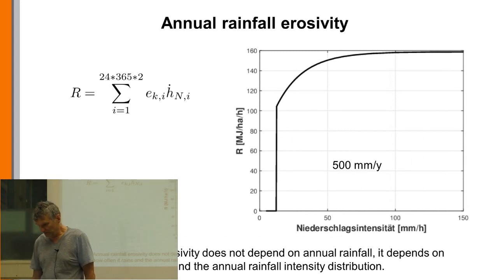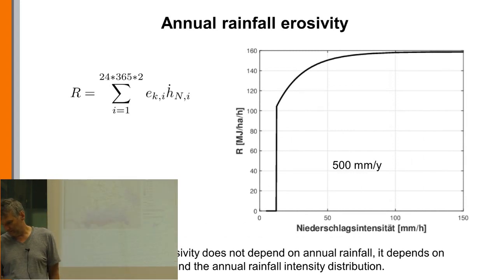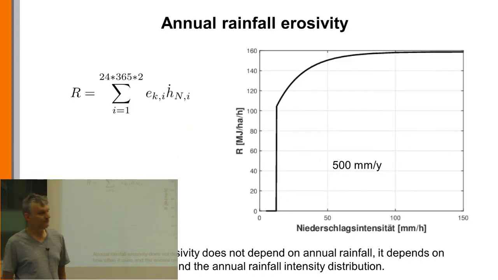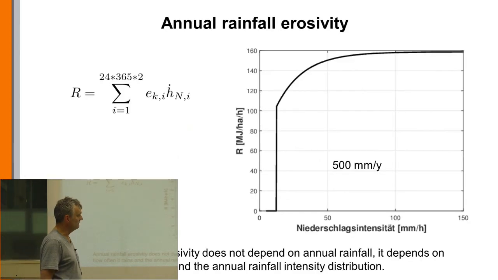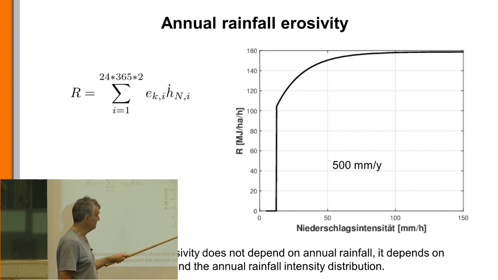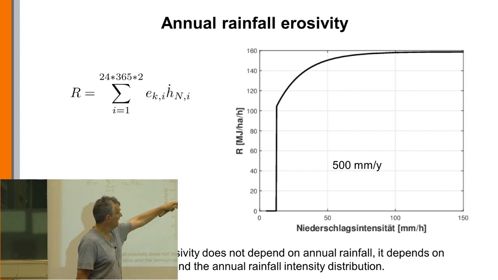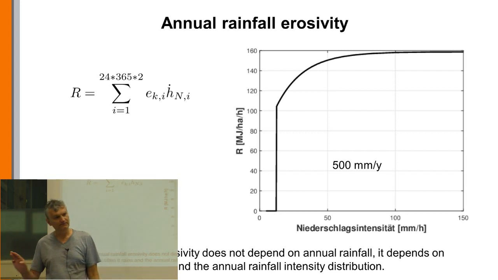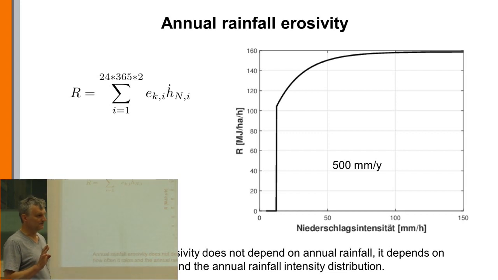This is 500 millimeters, as I said. So the annual rainfall erosivity is not directly coupled with the annual rainfall. For 500 millimeters per year it could be between 0 and 160. Everything between 0 and 160 could be the rainfall erosivity in this area.